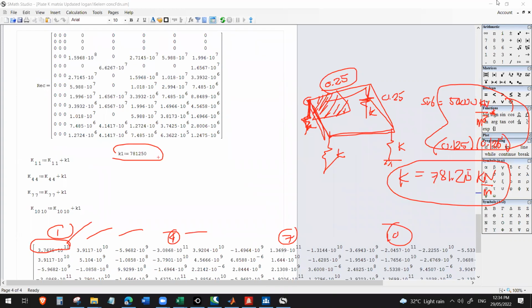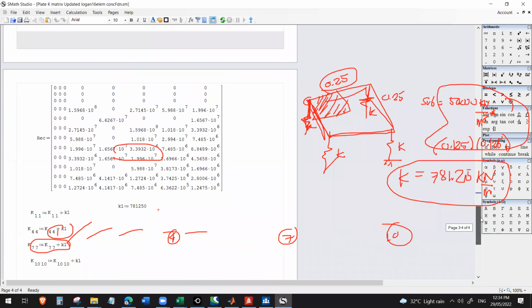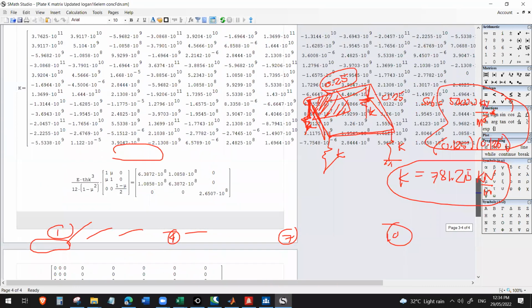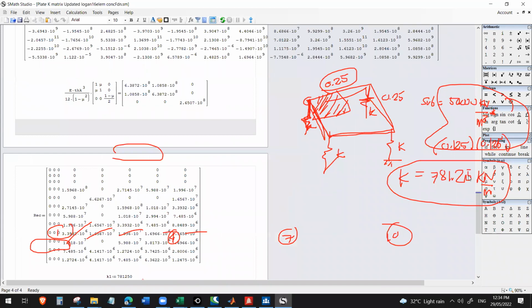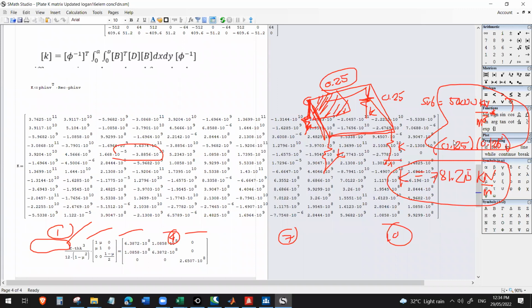Wait, let me see. Sorry, it's this one. Where is it? Let me minimize it so you can see the 12. So, 14710, right? Because this stiffness is the vertical one. So, what's the fourth? 1, 2, 3, 4. This too is the vertical. 5, 6, 7.